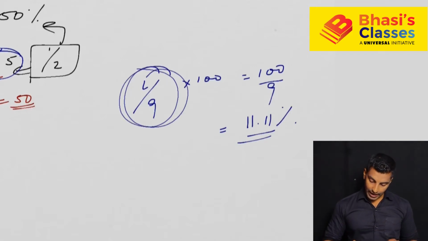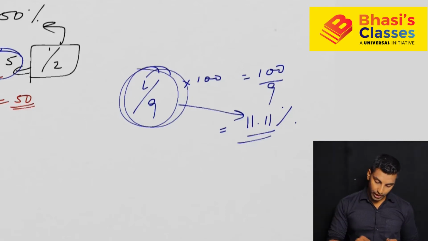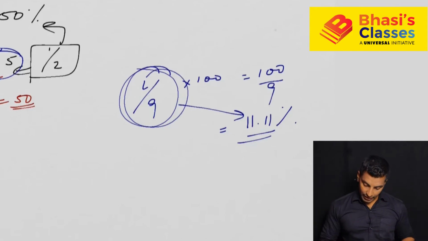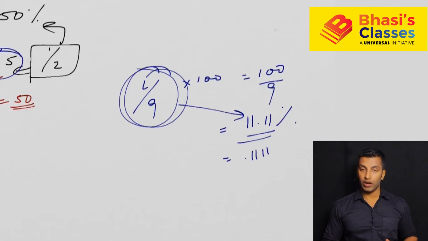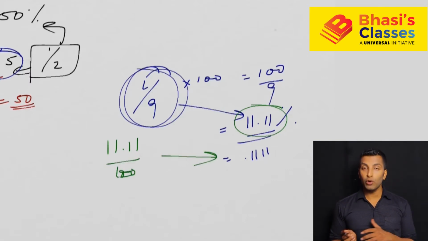Now if you need to convert this to a decimal, you shift 2 places to the left, and it becomes 0.1111. Why? Because this 11.11 is in percentage, which means divided by 100. So when you divide by 100, shift 2 places to the left.